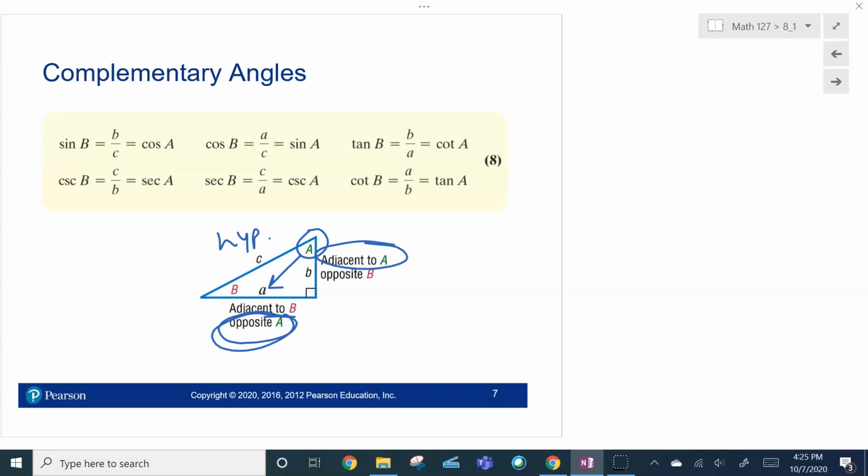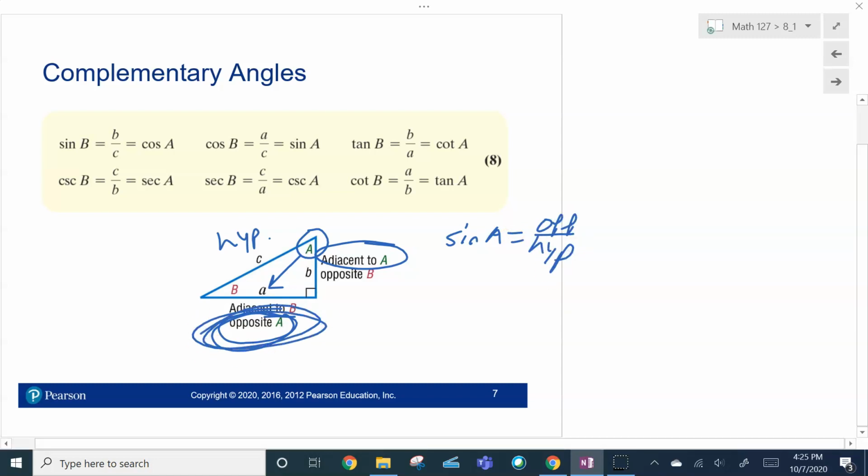So if you're finding the sine of A, opposite over hypotenuse, then you take that side, the lowercase a, over the hypotenuse c. So sine of capital A would be a over c.